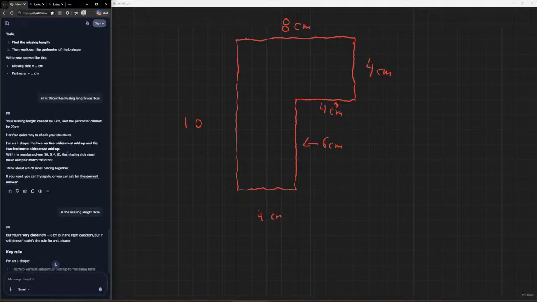I'm not reading that. We're still here, so it's not. Plus 4 is what?